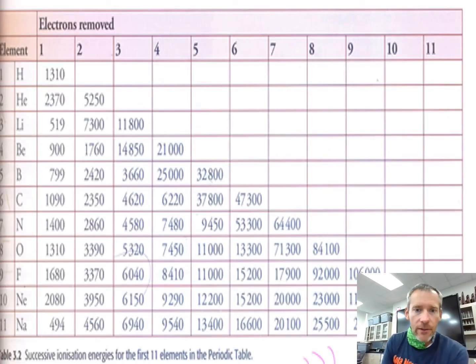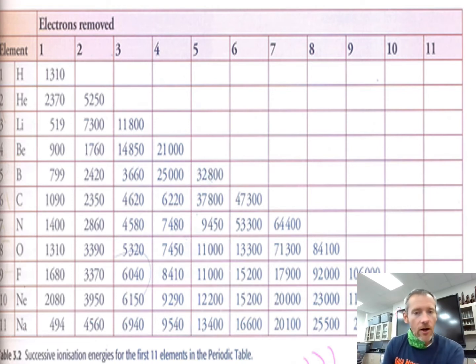So you can see here a table of all these different electrons removed. And as you go across, let's look at carbon. Carbon goes from 1,000, 2,300, 4,600, 6,000, and then a big jump, almost 38,000 kilojoules of energy. Okay, so notice it has 4 valence electrons.